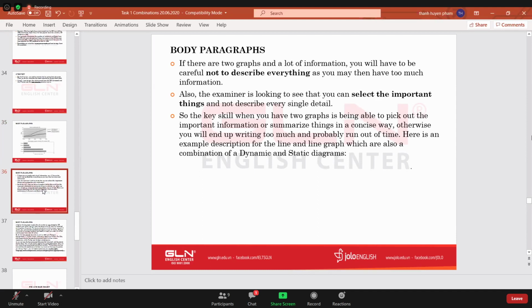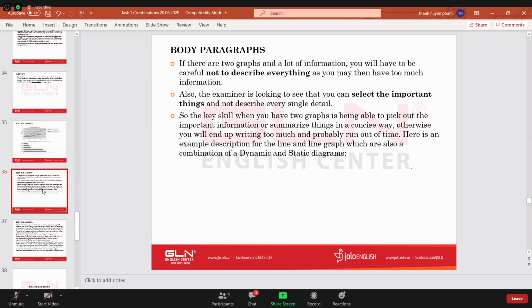So the key skill when you have 2 graphs is being able to pick out the important information and summarize things in a concise way. So concise way means basically in a short sentence, not a very long sentence. Otherwise, you will end up writing too much and probably run out of time.